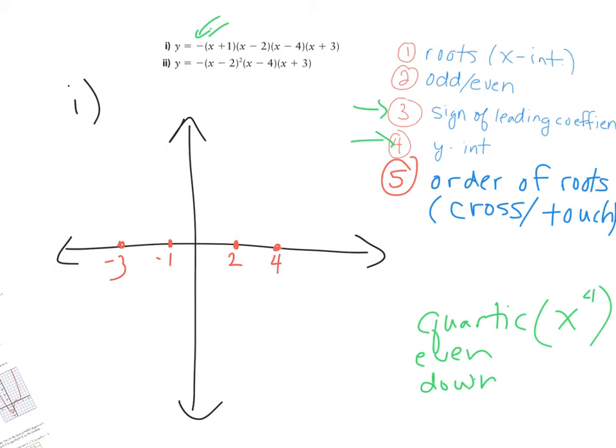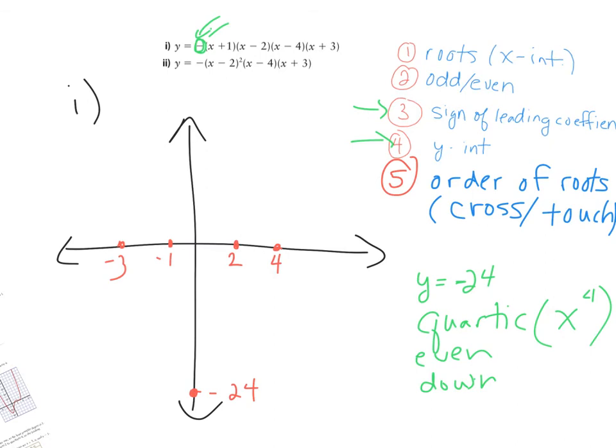And then +8 times 3 is going to give me +24. So it looks like I have a y-intercept at +24. Nope, let me remind you, I forgot about this negative out here, so it's going to be at -24. So I'm going to plot that point down here at -24, and that's going to provide me with some extra information to help me plot.